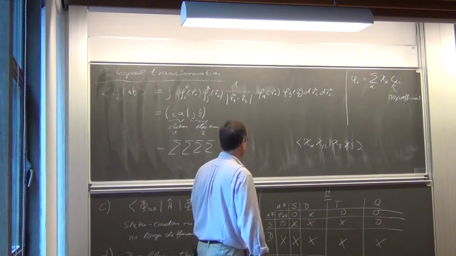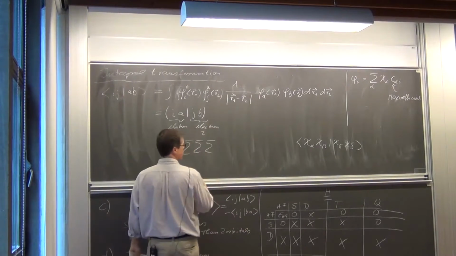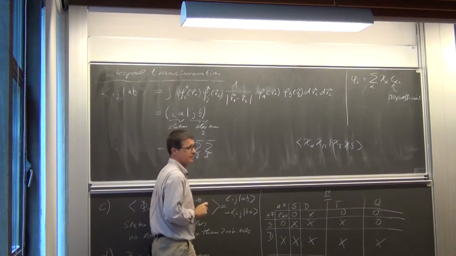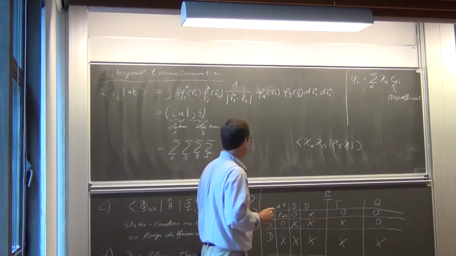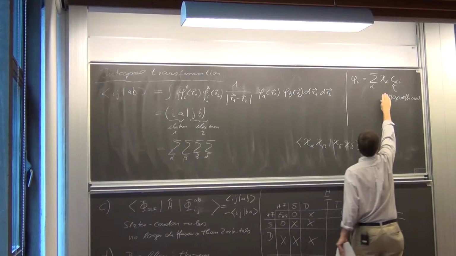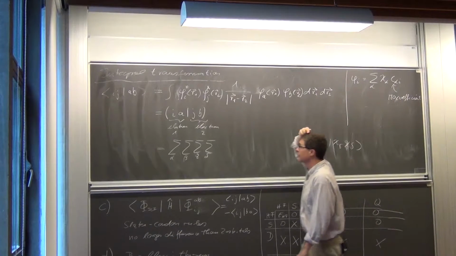And that means I actually get 4 summations. The first one runs over alpha, beta, gamma, delta. And then each of them is a basis function times the coefficient.